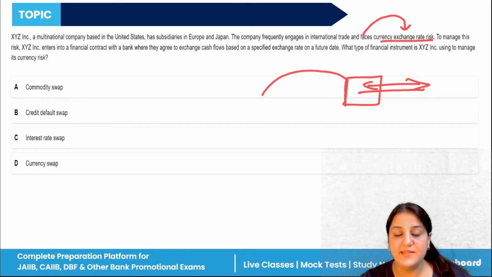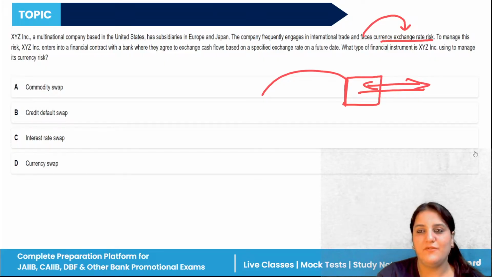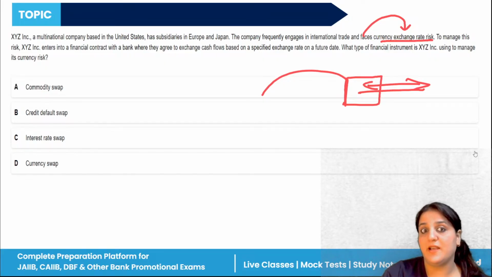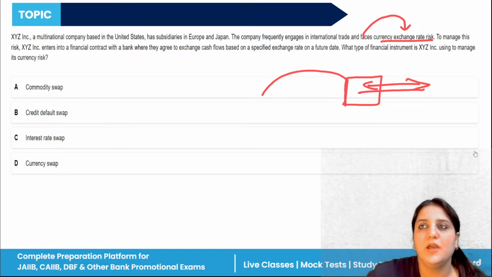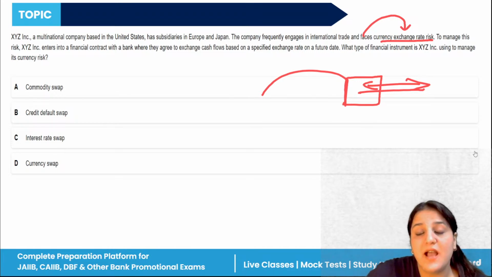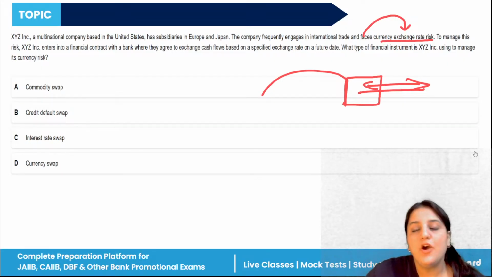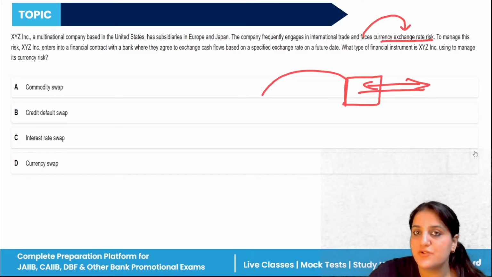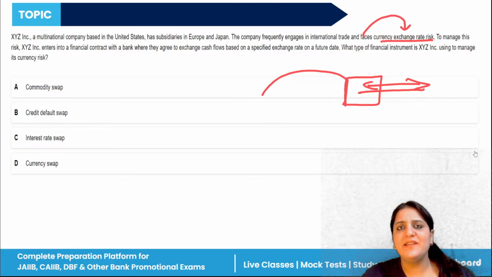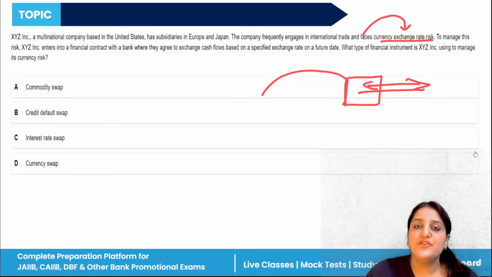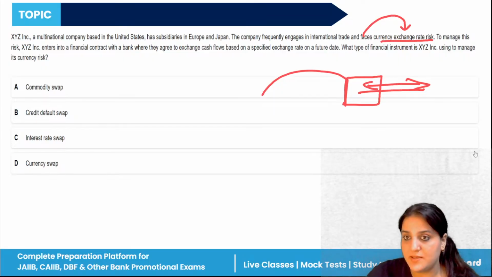So, what will be the correct answer in that case? We know that XYZ Inc is using a currency swap to manage its currency exchange rate risk. Now, a currency swap is a financial instrument where two parties agree to exchange cash flows denominated in different currencies.